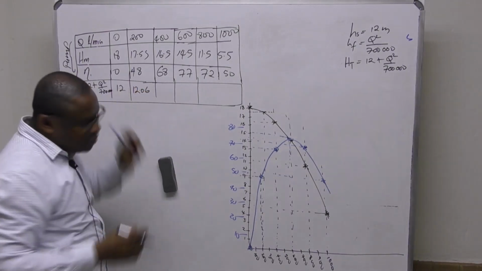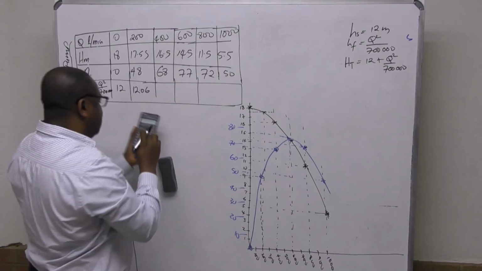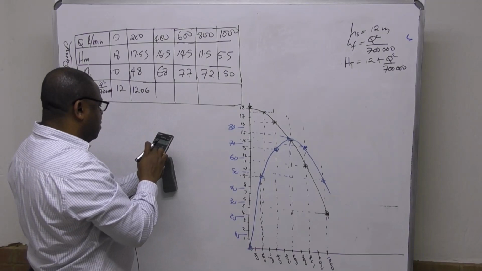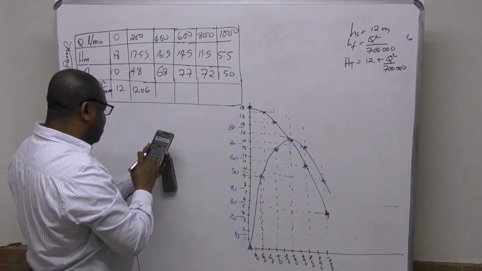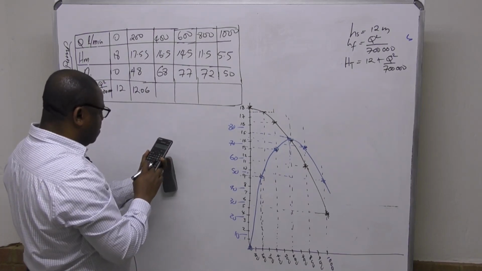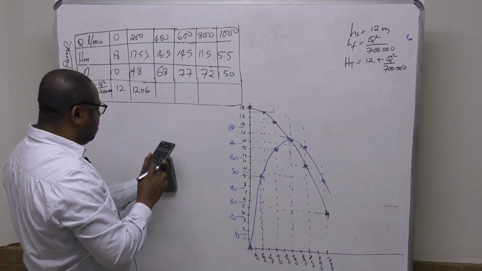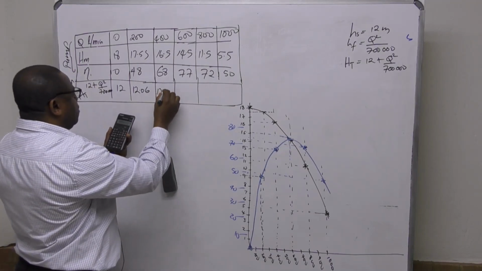Do the same thing with 400 squared divided by 700,000 plus 12. Get 12.23.